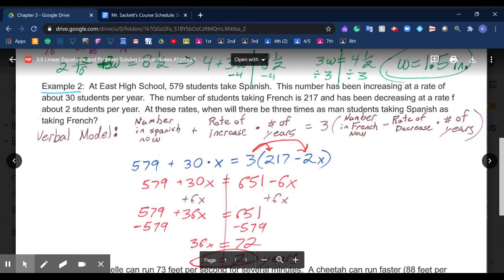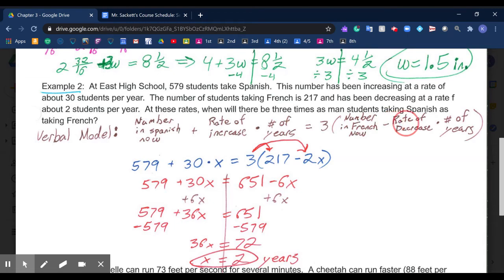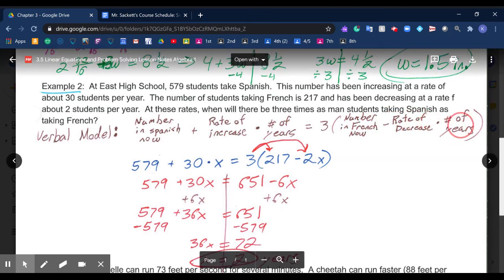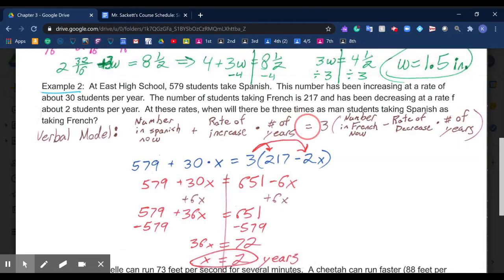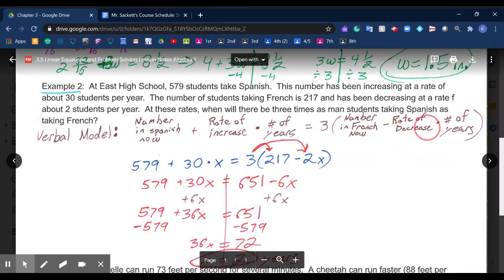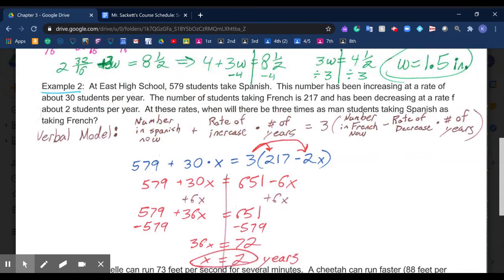So on the French side, we have 217 students, decreasing at a rate of 2 students per year. So in that case, the number in French now minus, because it's a decrease, the rate of decrease multiplied by the number of years. And we want to know when these two will be equal, but there being 3 times the number of Spanish students as French. So 3 times the French, when will that equal the overall Spanish?